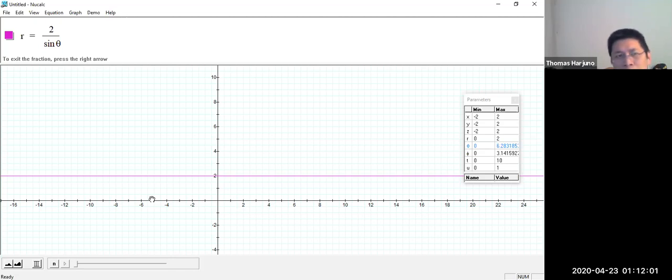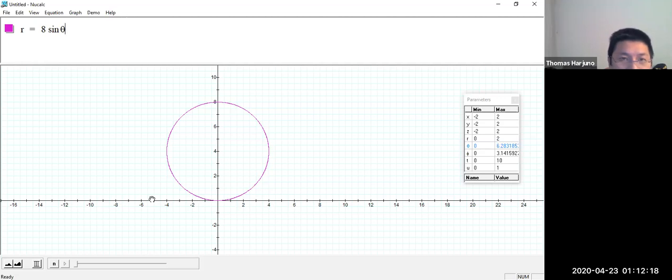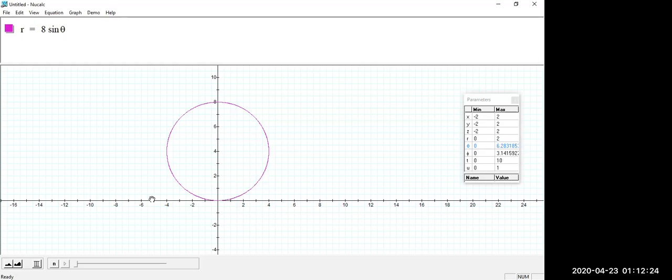And what else I wanted to say earlier? I suddenly forgot. Oh, this thing. Let's look back. This is 8 sine theta. What is the radius? 4.